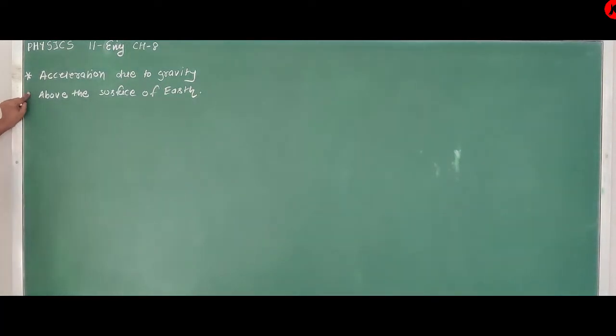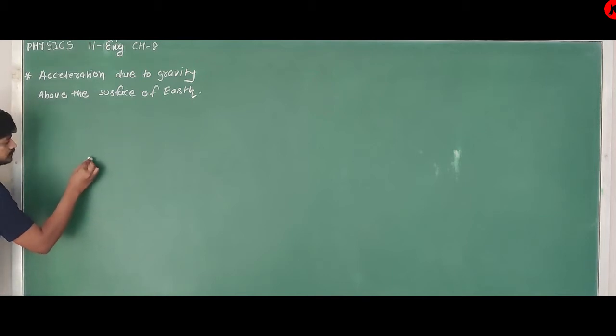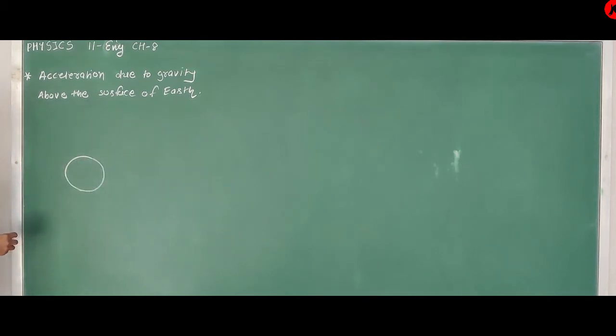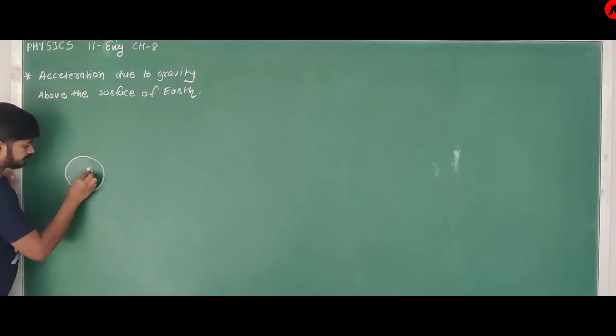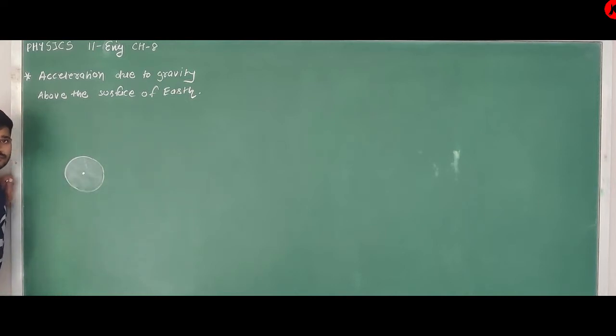Next theory is acceleration due to gravity above the surface of Earth. What is the meaning of this? If it is Earth, this is its center.